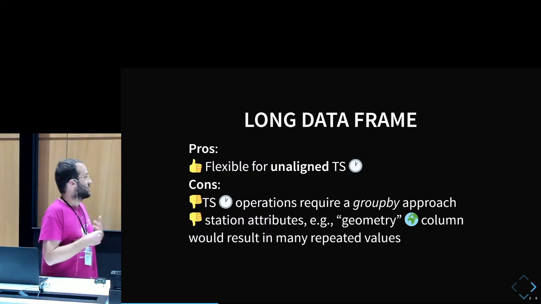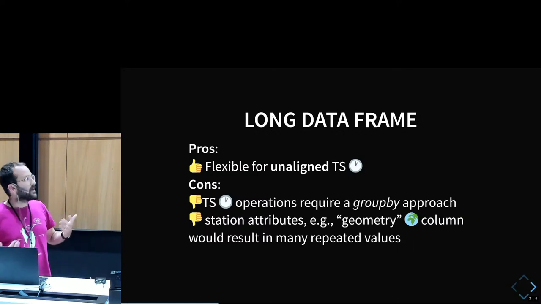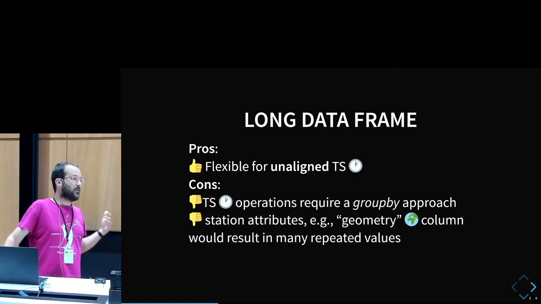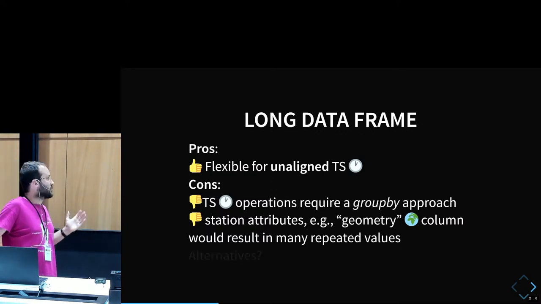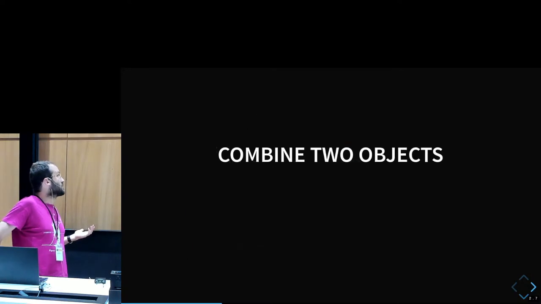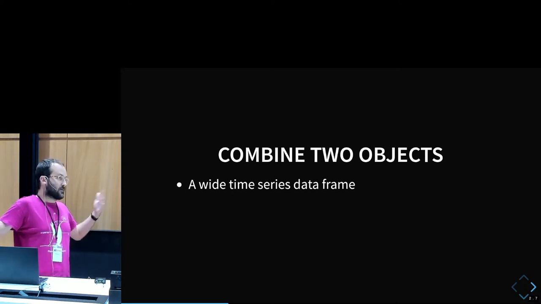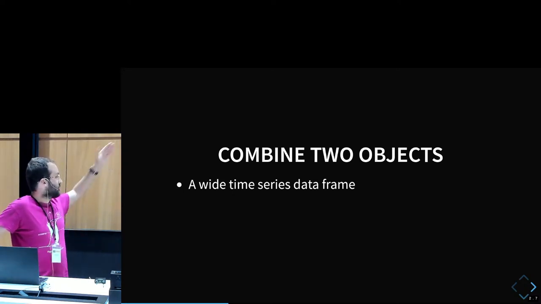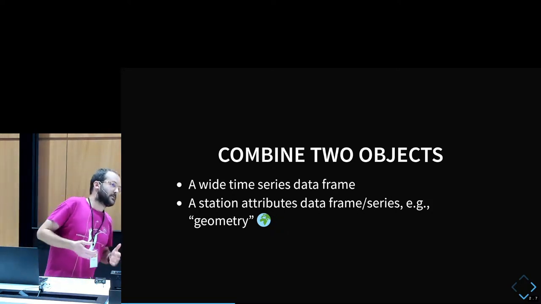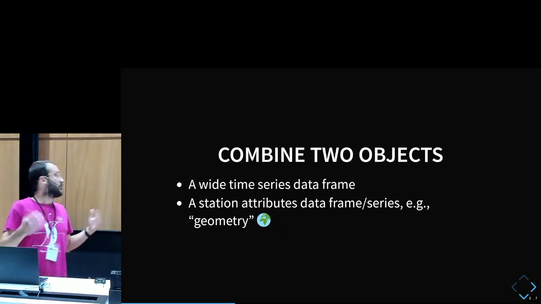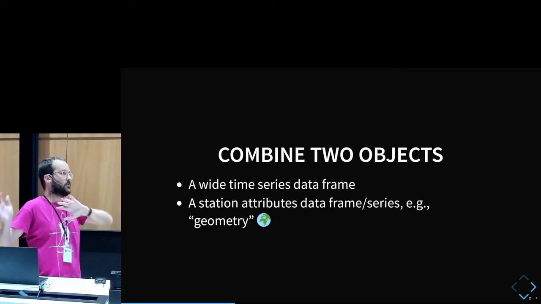And we could add station attributes, like a geometry column, but we would have many, many repeated values, one value for each observation. So it's still not the best idea if you want to add these attributes. Thinking of alternatives, the easiest and most direct, without any external library, would be to have a wide time series data frame and another data frame or series with the station attributes, and then perform joins when needed, filtered by station IDs based on a spatial operation that we do elsewhere.